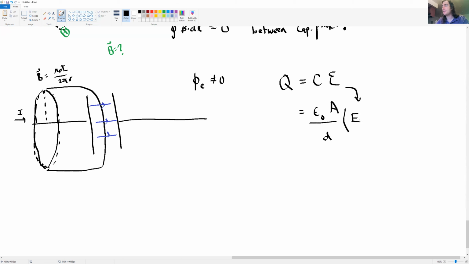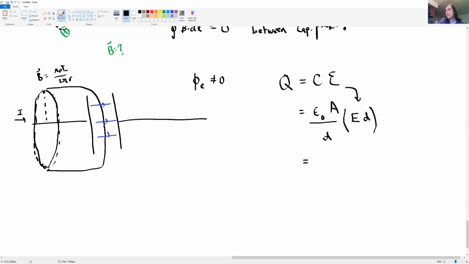Now it's a capital E, it's not a script E anymore, so it's electric field times d, right? So we have epsilon 0 A over d, the capacitance, times electric field times the distance, that's the voltage.